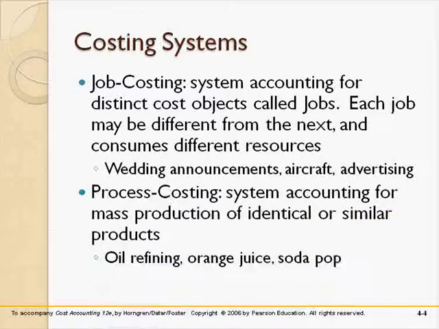Okay, at the other end of the spectrum we have process costing, and there we're more involved with coming up with the cost of mass-produced identical or similar produced items. So oil refining, orange juice, soda pop, all of those think about in terms of gallons or barrels, and they don't always have to be liquid form.